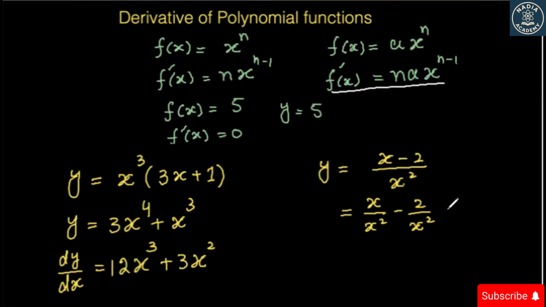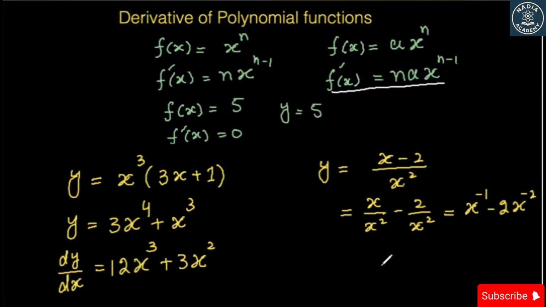So you can further simplify it: x over x square, this power is 2 and it goes to the numerator, so it will turn into x power negative 1. Then this will be minus 2 x power negative 2.